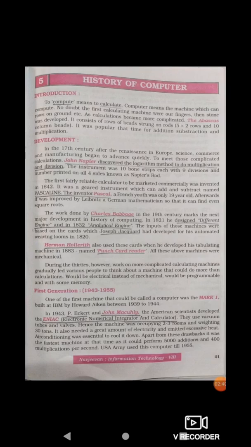However, one of the devices known as the abacus was developed, which consists of certain rows, beads, columns, strings.